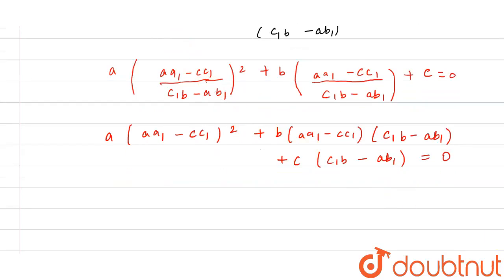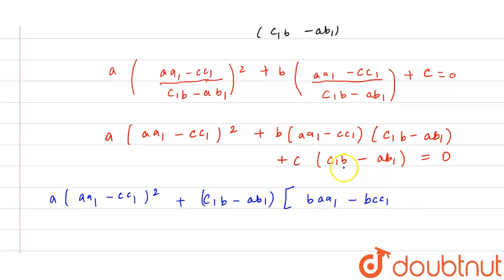Now if we open these brackets, we get a multiplied by (a1 minus c1) whole square plus, taking (c1b minus ab1) common from the other terms, multiplying with ba1 minus bc1, and similarly plus cc1b minus acb1, equals 0. The bcc1 and cc1b terms cancel out.